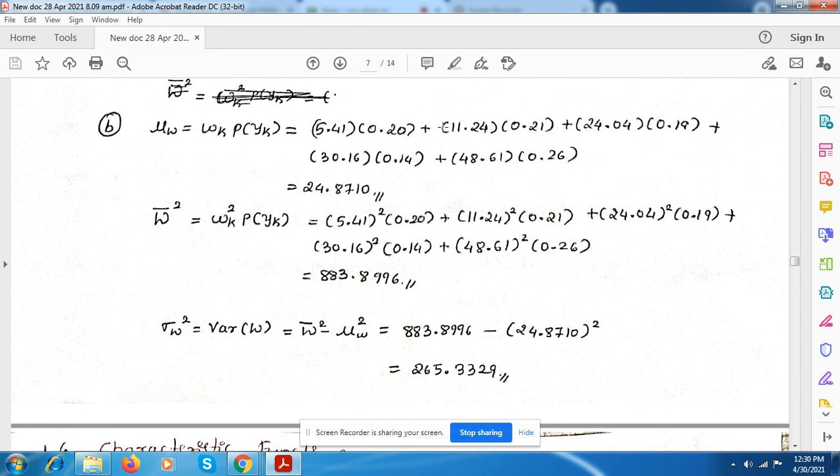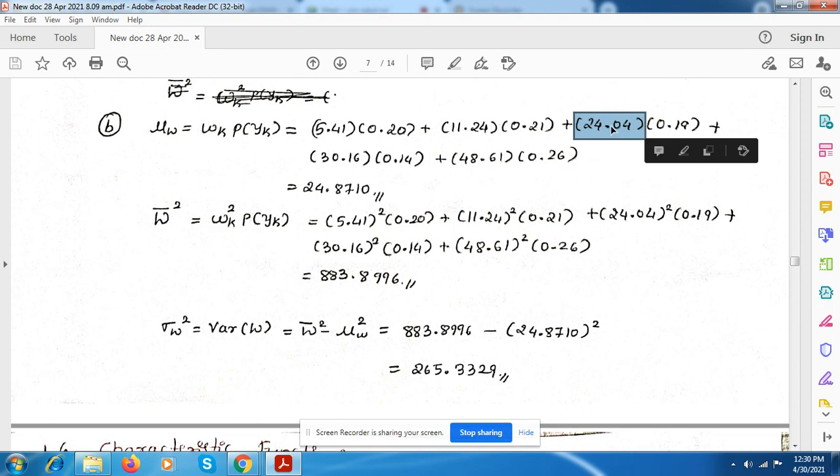Here these values we have already calculated using the equation w is equal to y square plus 1. So the first value we got is 5.41, and its probability is 0.20, plus the next value we have got is 11.24 and its probability value is 0.21, plus the next value of the random variable wk is 24.04 into 0.19.